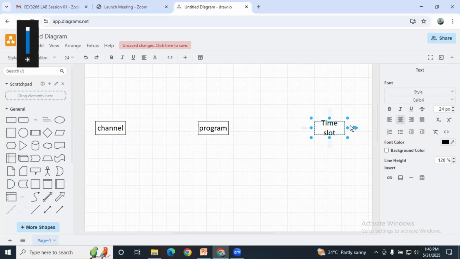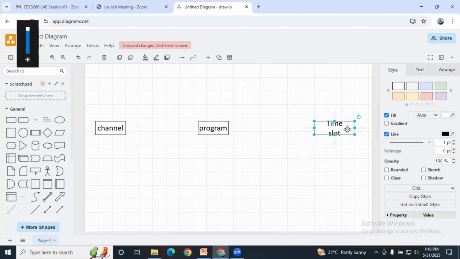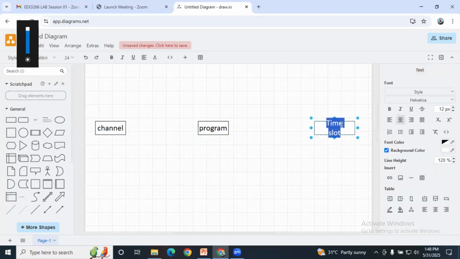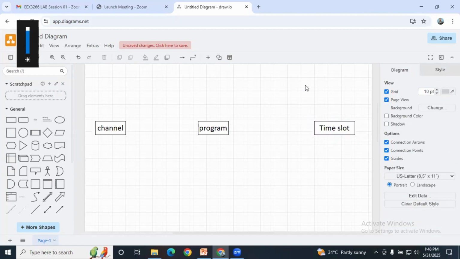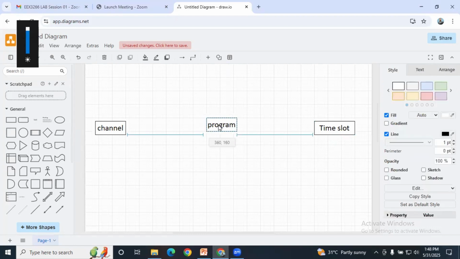So we represent three entities like this with the rectangle shape. Okay. What is the next step?